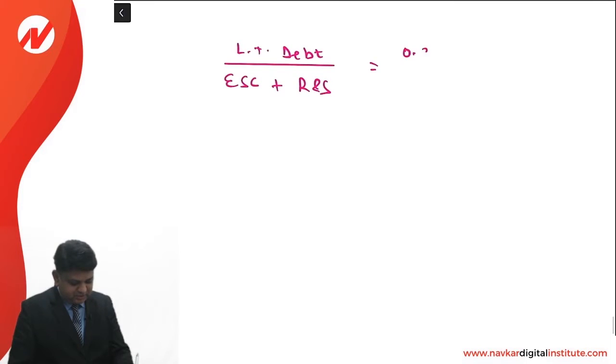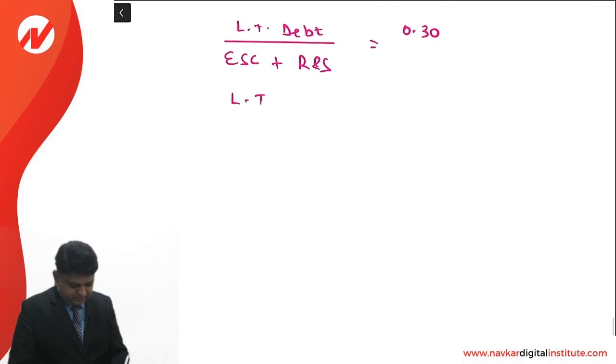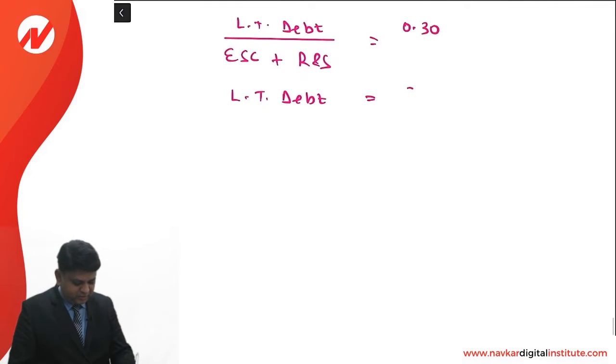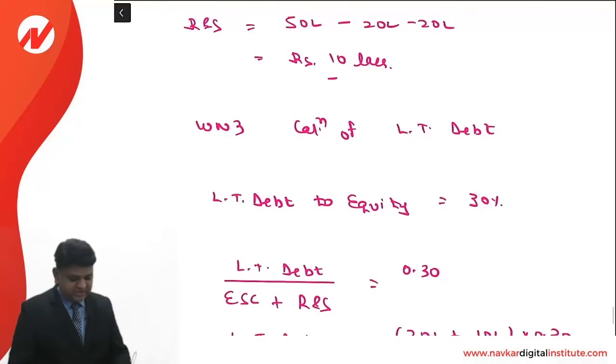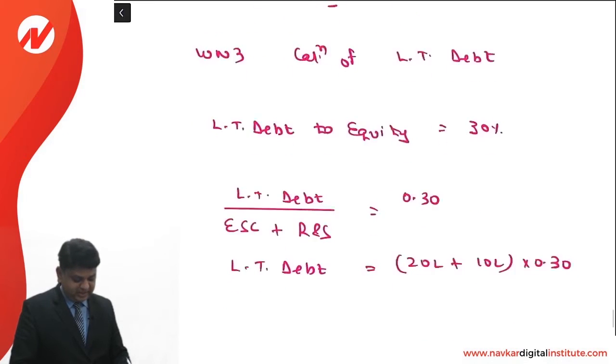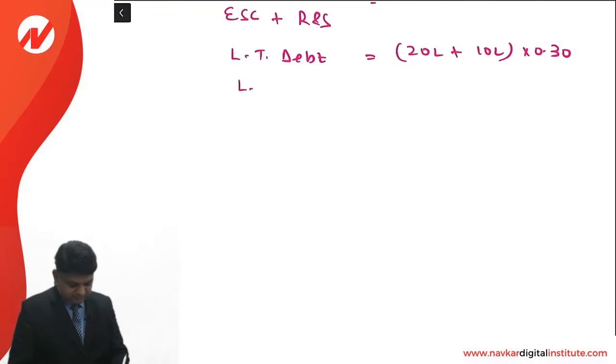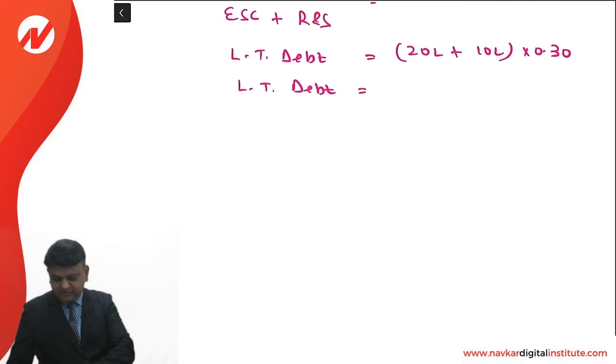It is 0.30. So long-term debt is equal to 20 lakhs plus 10 lakhs, that is 30 lakhs into 0.3. Because reserves and surplus is 10 lakhs and the question is already providing the equity share capital of 20 lakhs. So long-term debt would be 30 lakhs into 0.3, that is 9 lakhs.